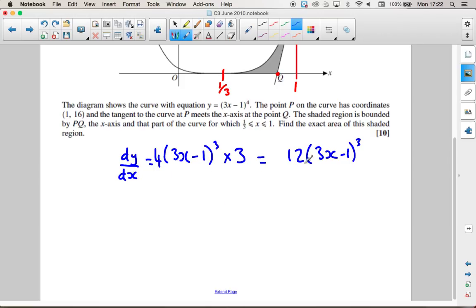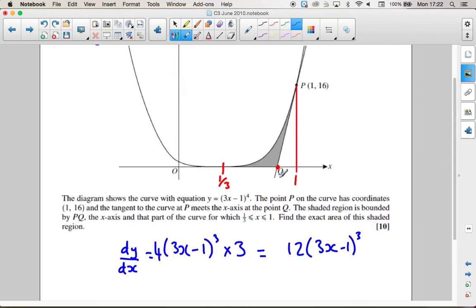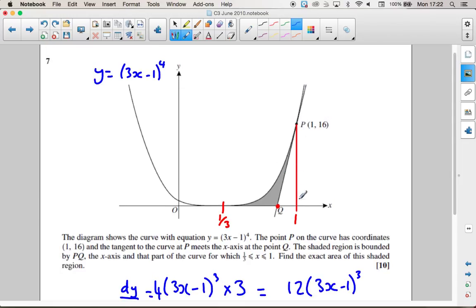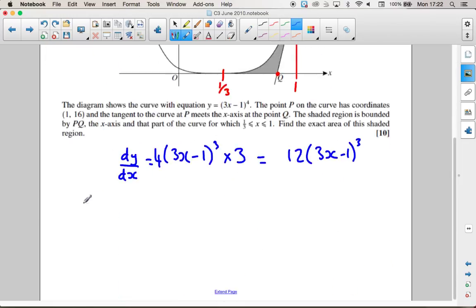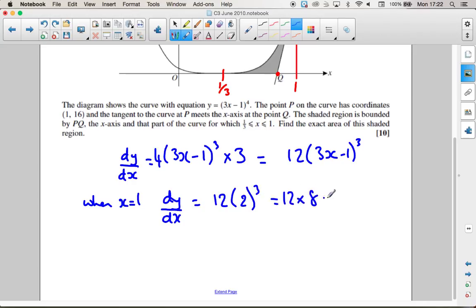So what's the value of the gradient at P, when x equals 1? The gradient is 12 lots of (3 times 1 − 1), so that's 2 cubed. So that's 12 times 8, and 12 eights are 96.